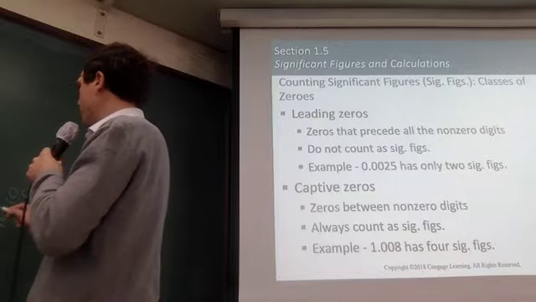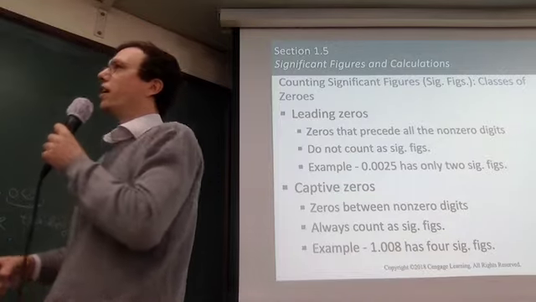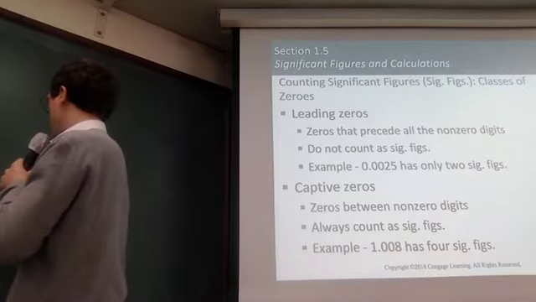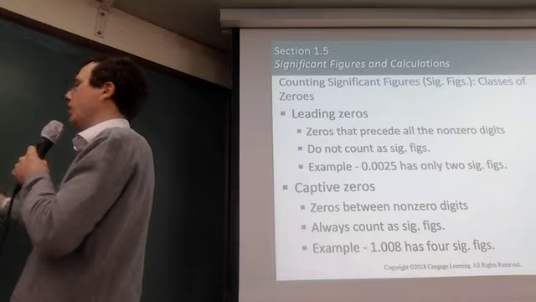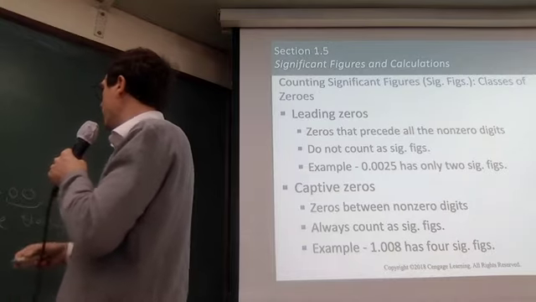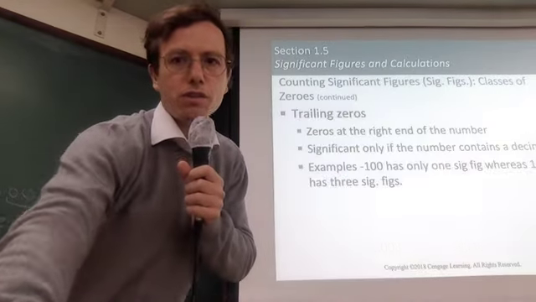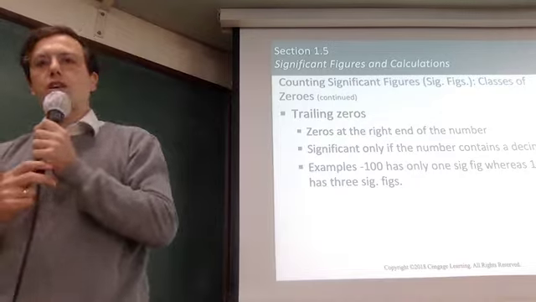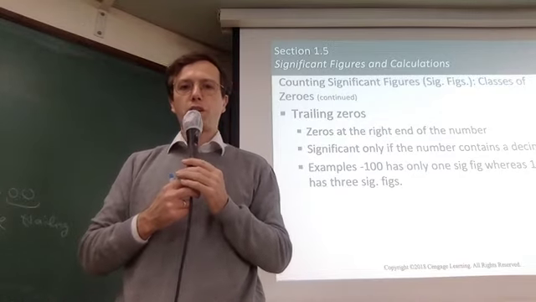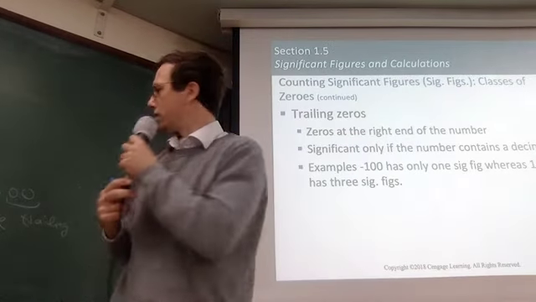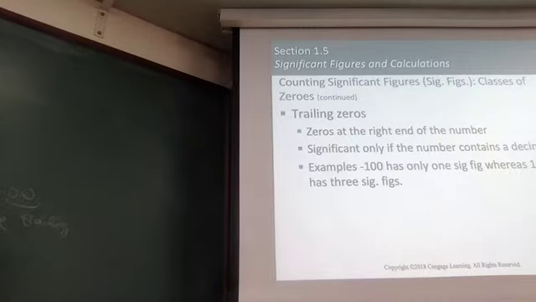For captive zeros, we always count them for the significant figures because obviously they are measured, right? They're in between actual numbers, so they definitely are measured. For the trailing zeros, they are significant only if the number contains a decimal point. Right? So in this case, they would be significant. We would count them.